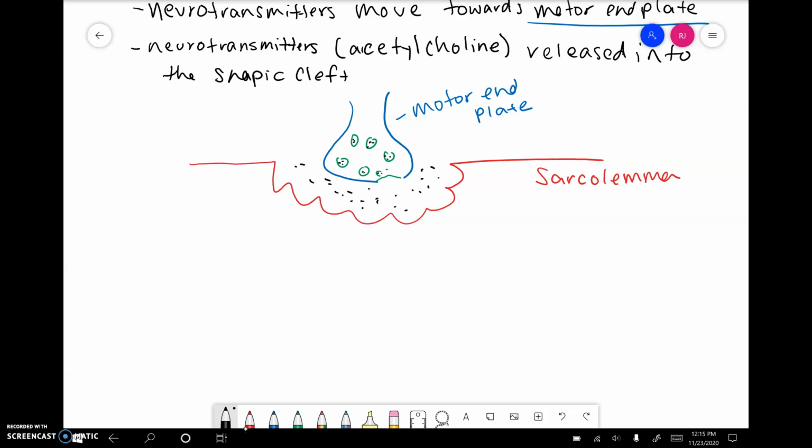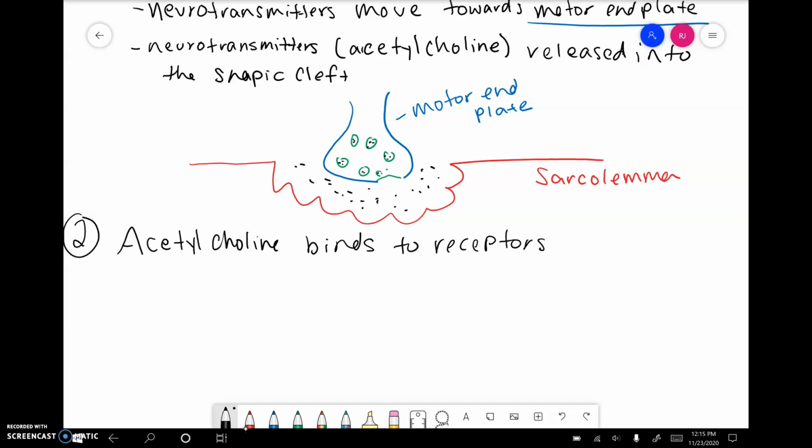So here's our step 2. Step 2, acetylcholine binds to receptors on the sarcolemma.